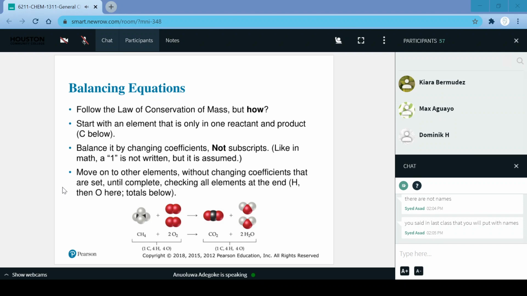Now, we learned about the law of conservation of mass, or law of conservation of matter, back in chapter 1. That law is the background we have to consider whenever we want to balance chemical equations. We balance chemical equations because of the law of conservation of mass.